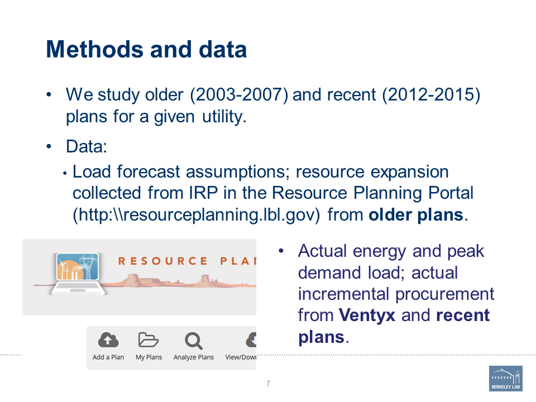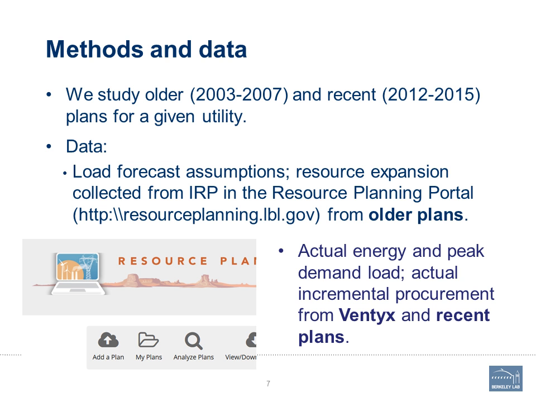In terms of methods and data, this type of retrospective analysis essentially aims to compare data from older plans, precisely, from older plans filed in the early 2000s, and compare them against actual outcomes. For load forecast assumptions, we are using a tool developed by LBL called the Resource Planning Portal, which is a central repository that holds information from around 100 resource plans ranging from the early 2000s to the most recent ones.